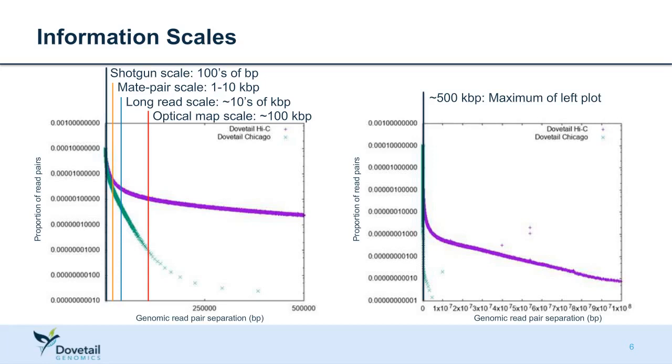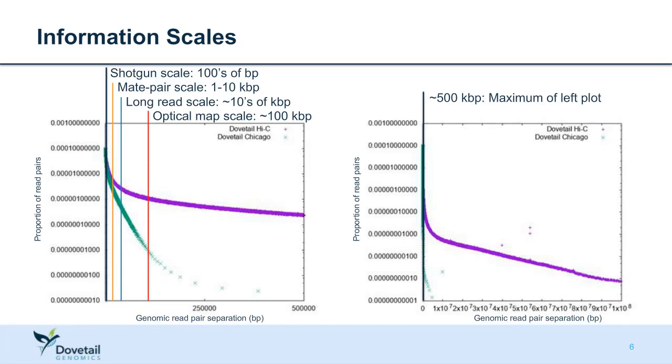One thing to take out from this picture on the left, you can see that the decay in green for Chicago actually kind of plateaus or even decays all the way after 250 kb. I'll say about 100 kb.